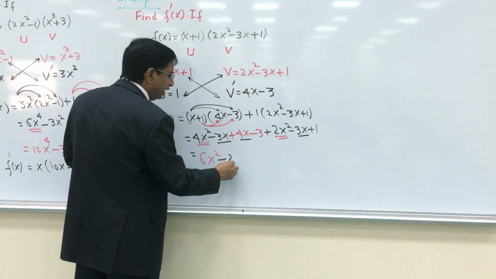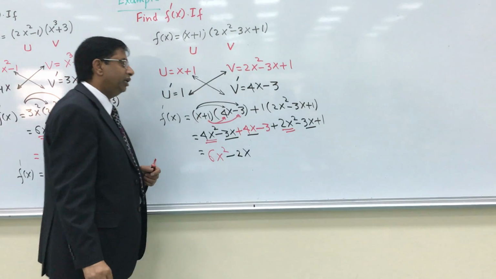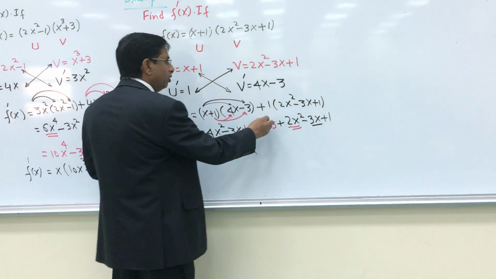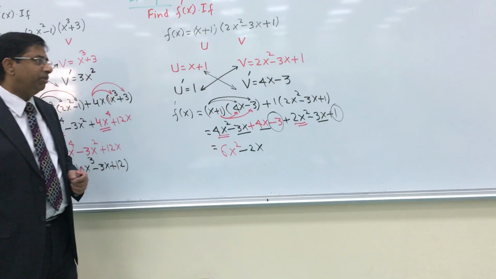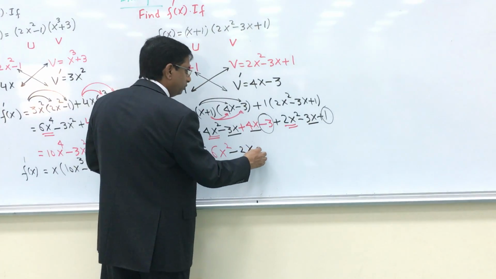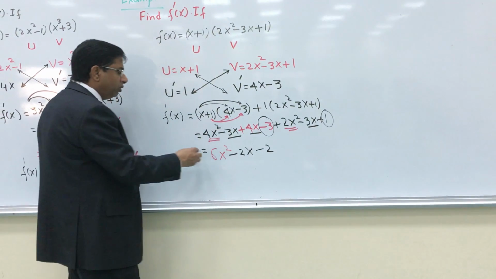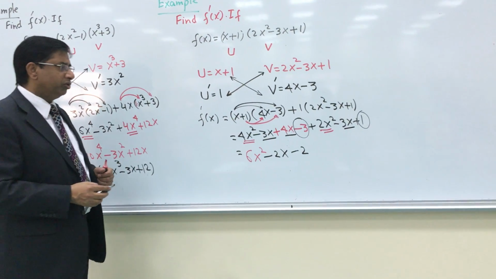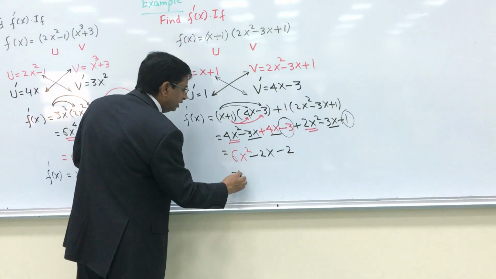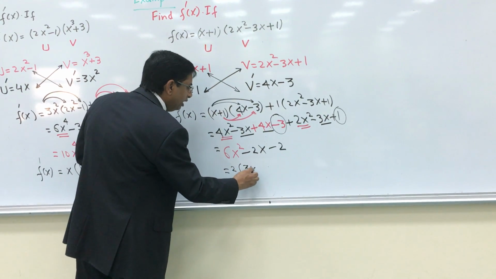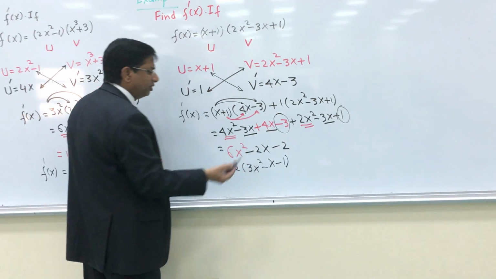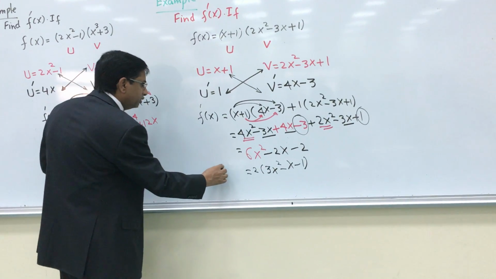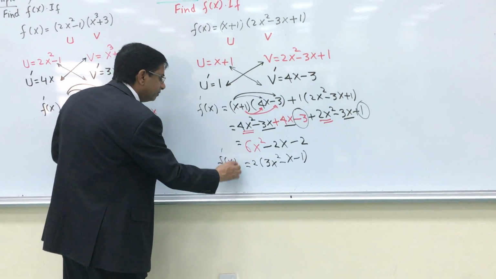So this is minus 2x. And how many constants? We have two constants here. One is this one and one is over here. So minus 3 plus 1, minus 2. Now we look, if any number is common to them, take it out. So this comes to 3x squared minus x minus 1. You can leave it here, no problem. It's up to you. So this is f prime of x.